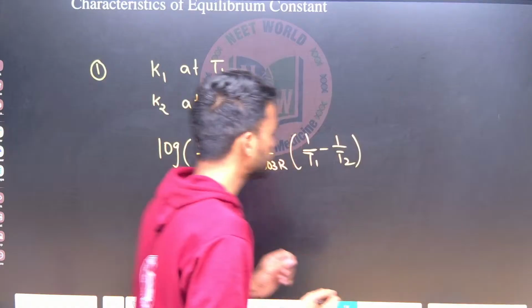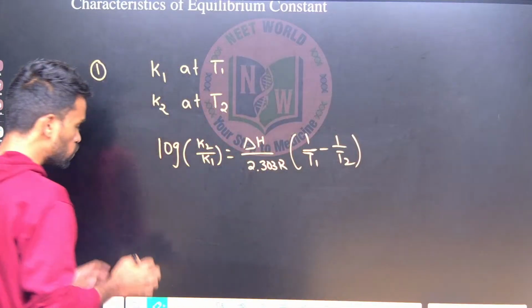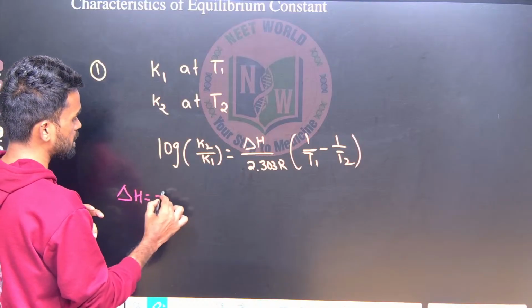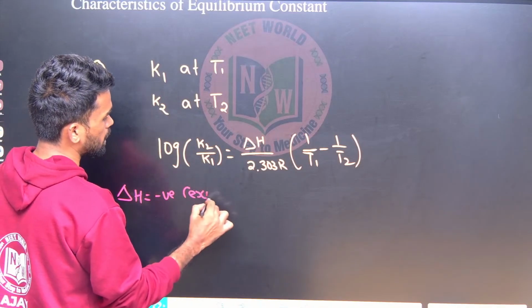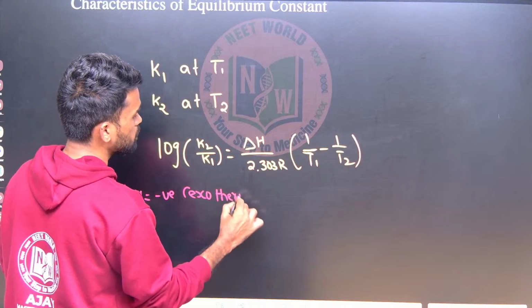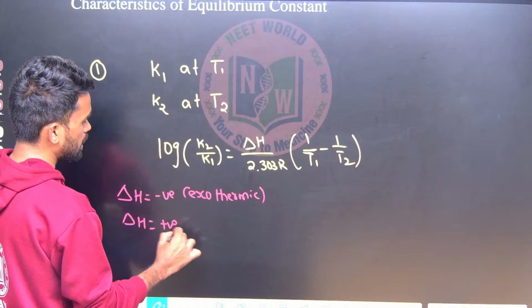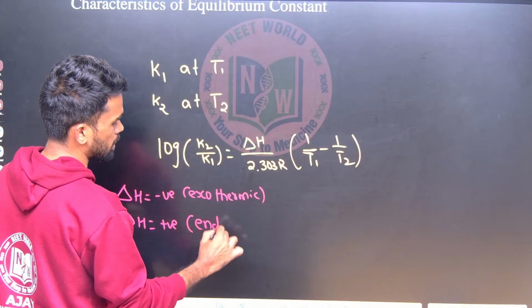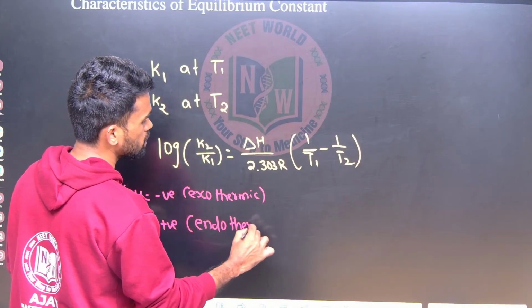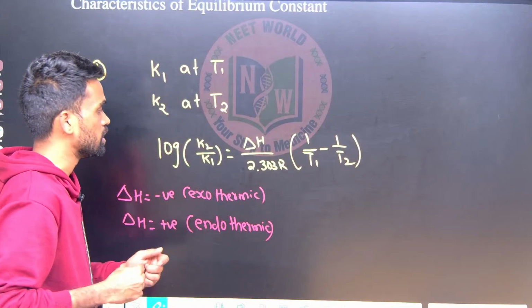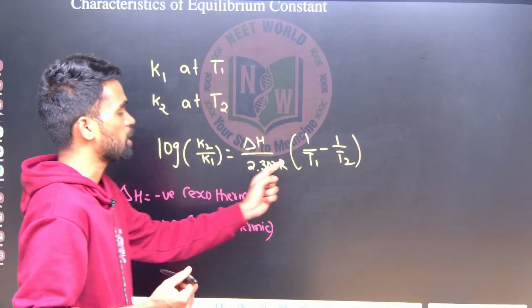Look at here. We have two types of reaction that we study based on delta H. If delta H is negative, we say exothermic reaction, and similarly if delta H is positive, we say endothermic reaction. Based on this, they will ask what the relation between K1 and K2 is if temperatures are altered.